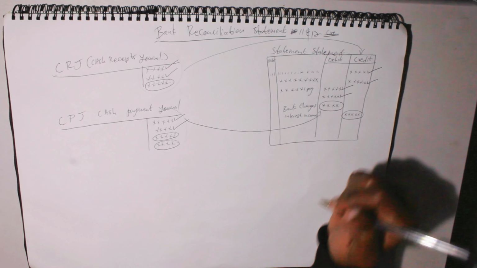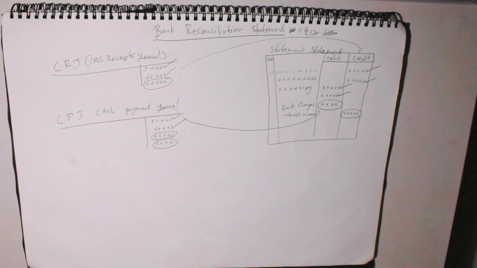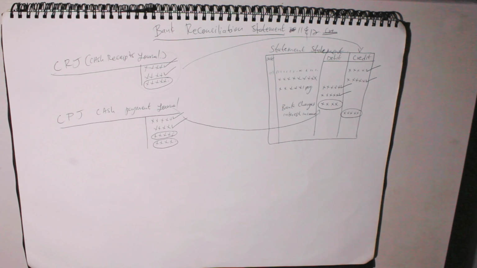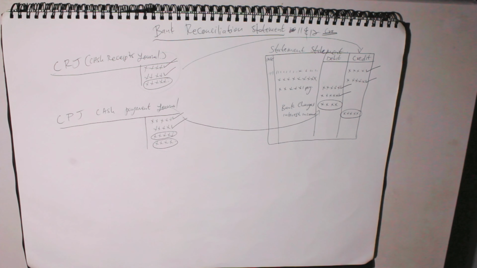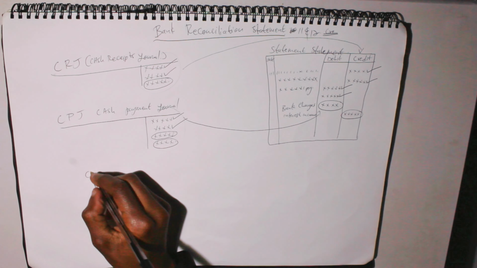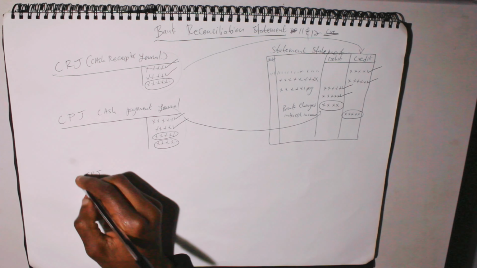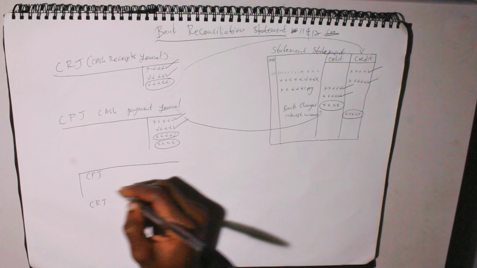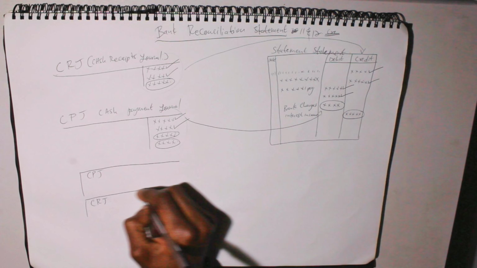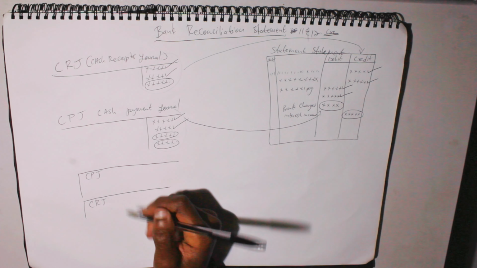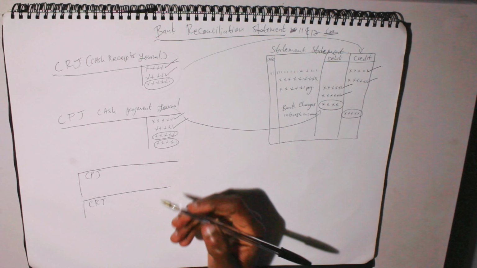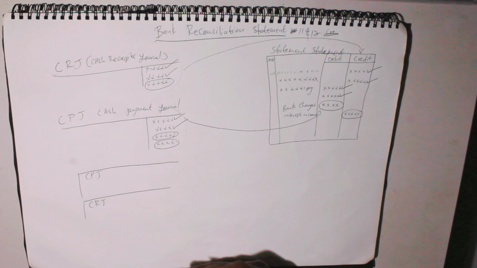Now, what is the next step from now going forward? What must we do now? It's very simple. We need to draw our CPJ and CRJ, cash receipt journal and cash payment journal. Why are we drawing these again? We are simply trying to rectify all the mistakes that we did not record on our side.